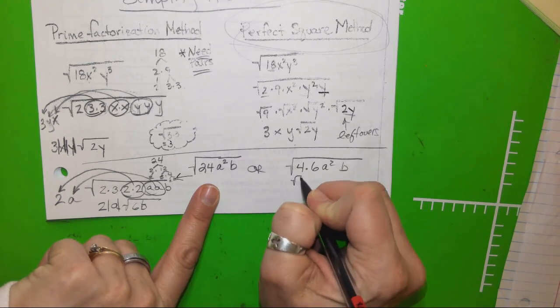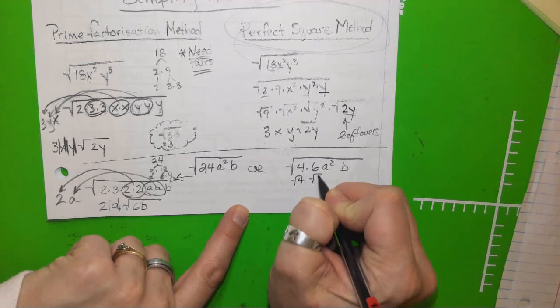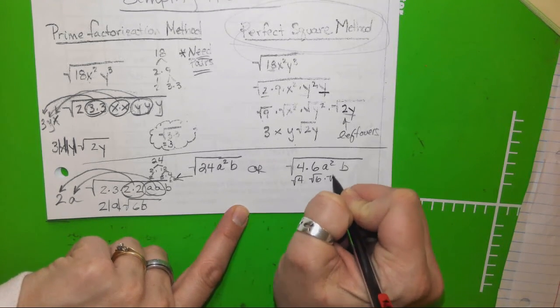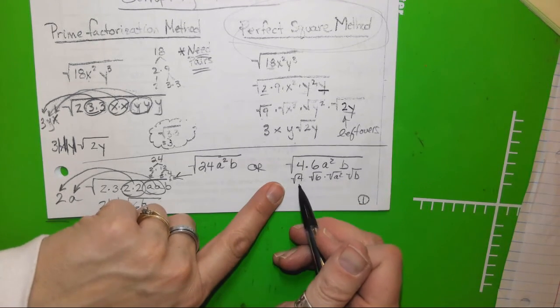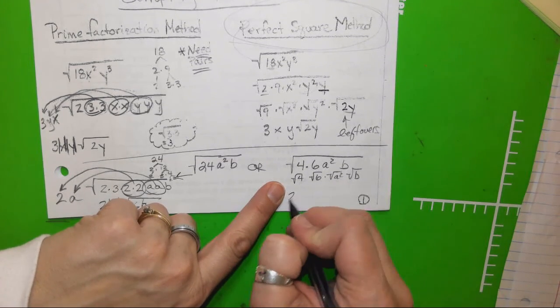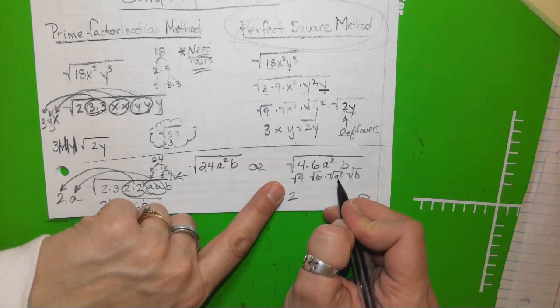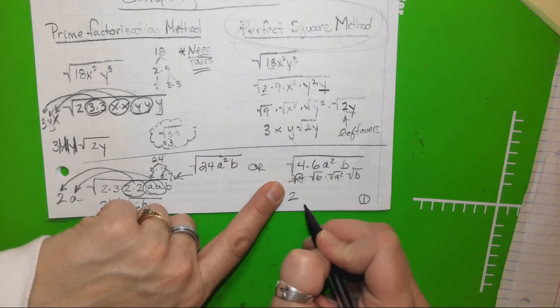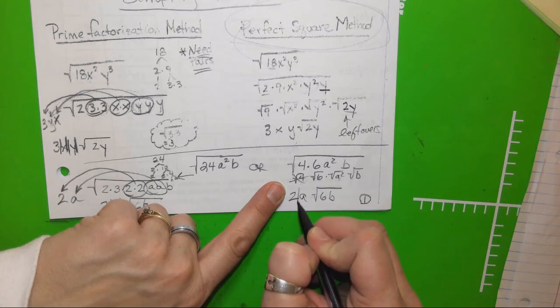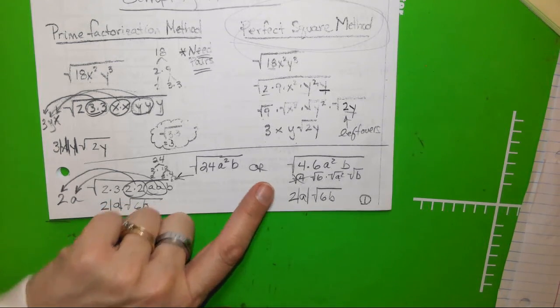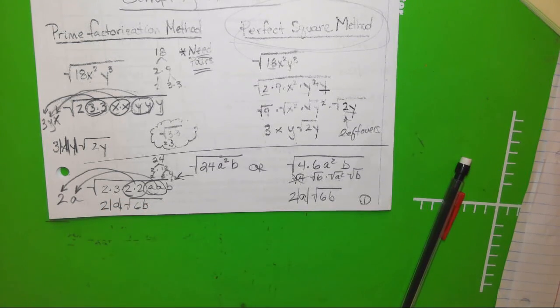And then I've got my a squared and my b, the square root of 4, square root of 6, square root of a squared, square root of b. Square root of 4 is what? 2. What's the square root of a squared? A. And what's left over? 6b. So I get the same thing. It doesn't matter which way you go. All right.